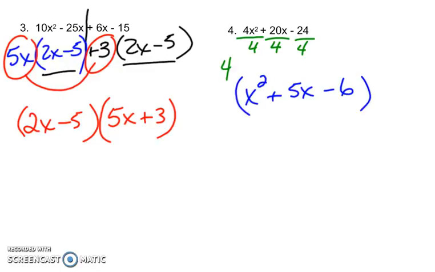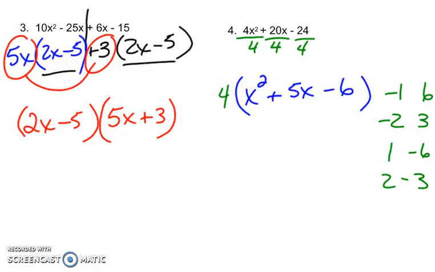So if we keep our GCF of 4, now we can try to factor this trinomial of x squared plus 5x minus 6. Is there anything we can multiply to get negative 6 and add to get 5? So we write off factors: 6, 1 and 6, 2 and 3. We know one would have to be negative, so negative 1, positive 6, negative 2, positive 3.